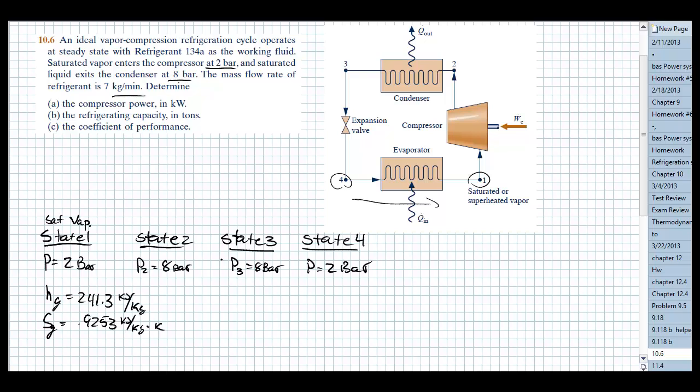Anyway, because this problem is nice and pretty, we don't have to worry about any isentropic inefficiencies in the compressor. So the entropy at state 1 is the same as the entropy at state 2. So S2 equals 0.9253.